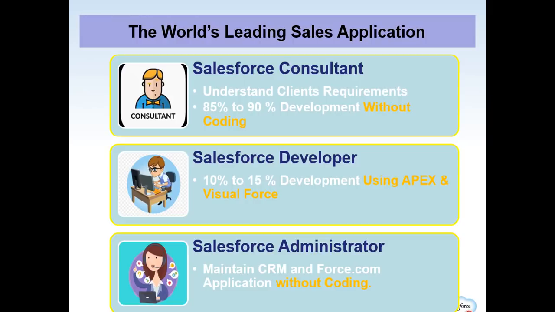Once the project is developed and ready, we give training to the end user, and the end user will start using that application. Once the end user starts using the application, we call it go live. All right, so this is how development happens.